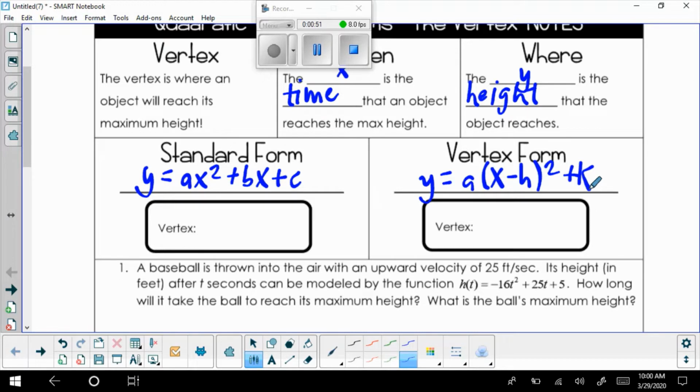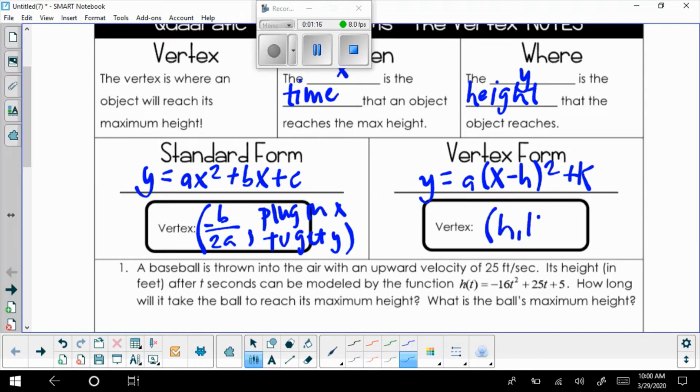So the vertex of standard form of a quadratic is opposite b over 2a, which we've already learned. We know how to do this. Then to find the y, we plug in x to get our y. Then in vertex form, the vertex is really easy to find. Remember, it's just h comma k.